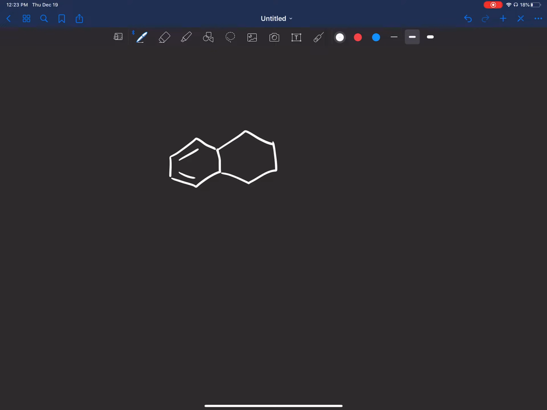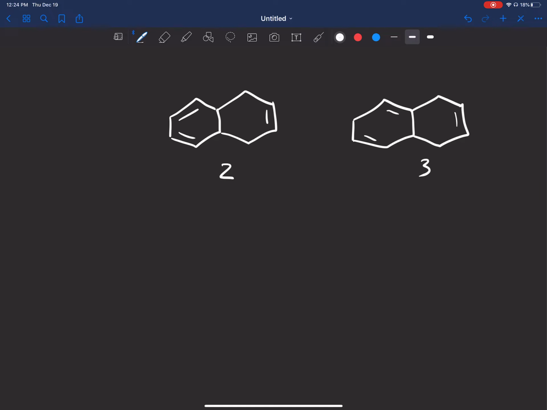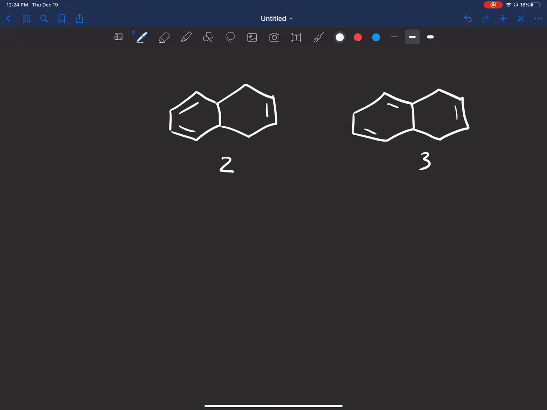I'm only going to focus on one of those specific choices. This is compound 2, and this was compound 3. One of the statements was that the heat of hydrogenation of compound 2 is going to be smaller than the heat of hydrogenation of compound 3. We're going to figure out if that's true or false.